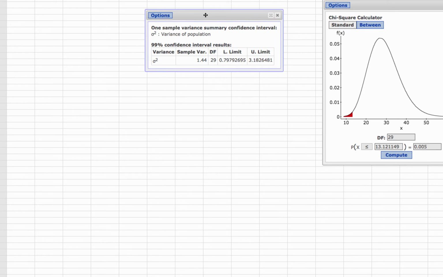And so it gives me an interval from 0.7979, so we'll say 0.798, to 3.183. And that is, again, for the variance.